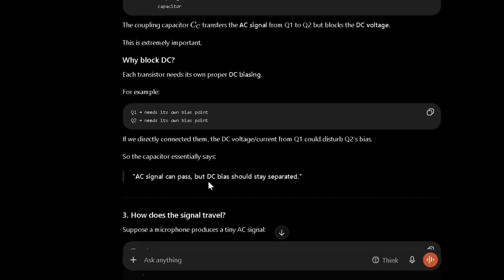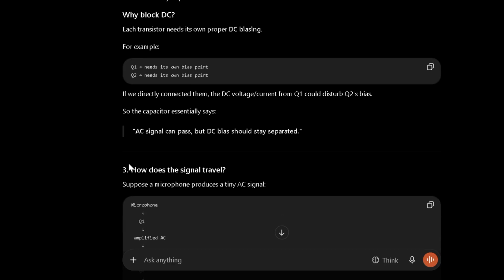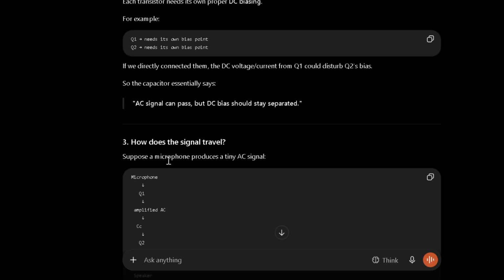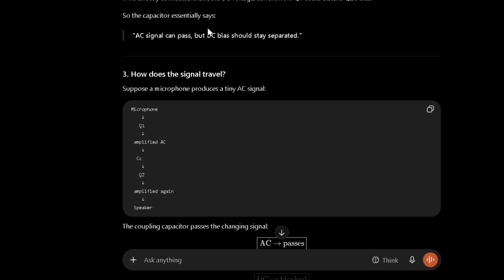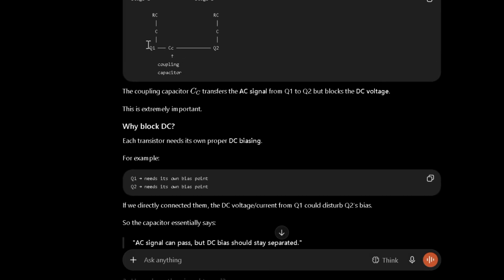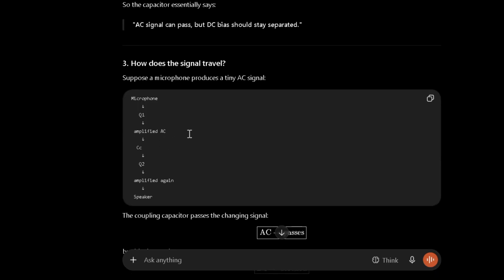How does the signal travel? Suppose a microphone produces a tiny AC signal. The microphone feeds Q1, the first amplifier, which amplifies the AC signal to get gain.